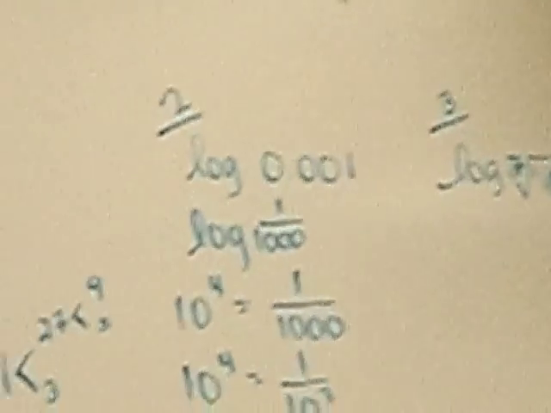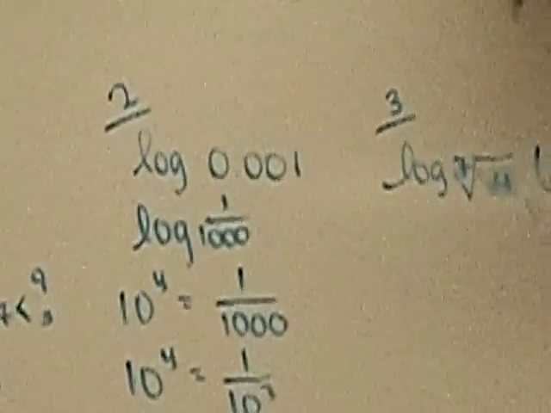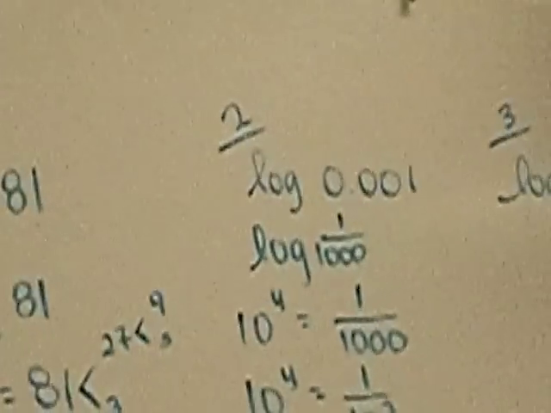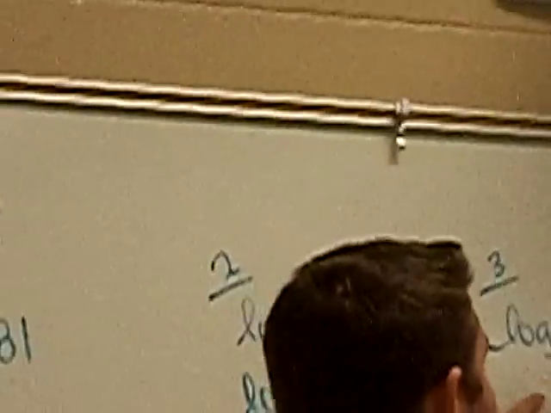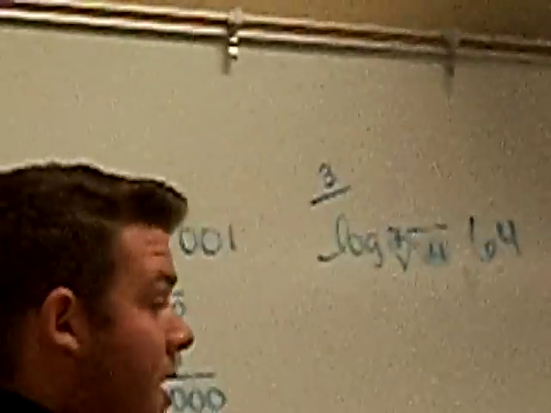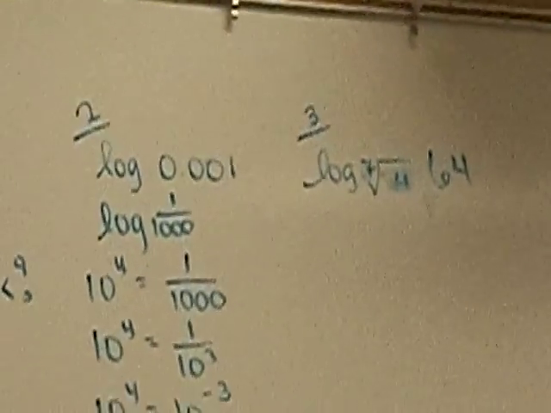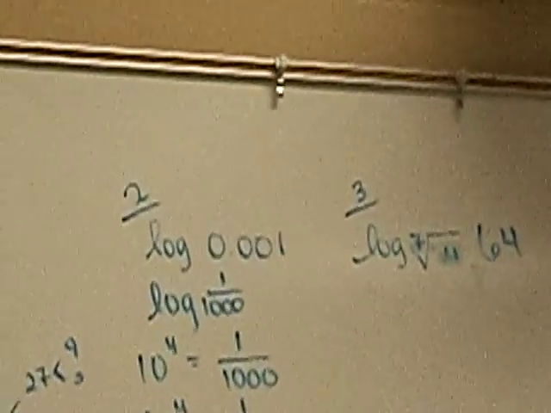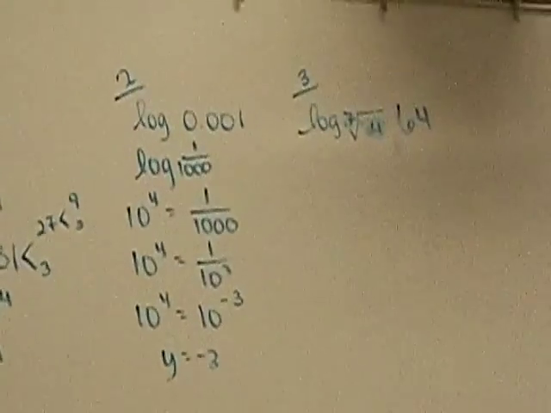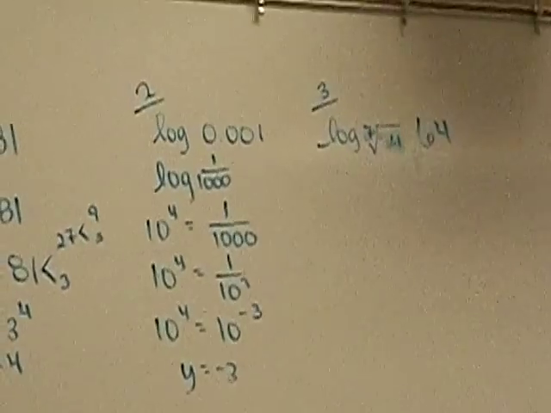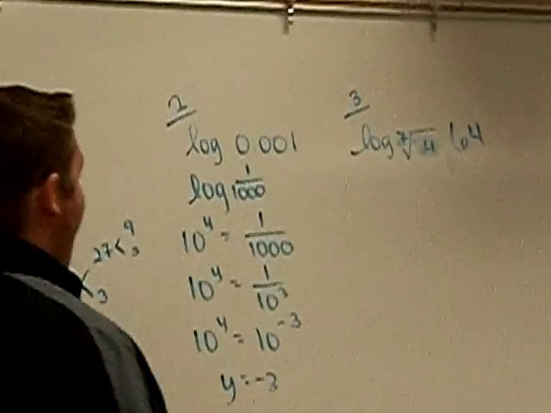The 7th root of 4. Log base 7th root of 4 of 64. Now, we talked about taking a radical and putting it as a rational exponent. Do we not? Okay, let's put it as a rational exponent.